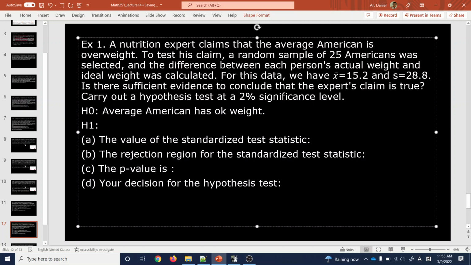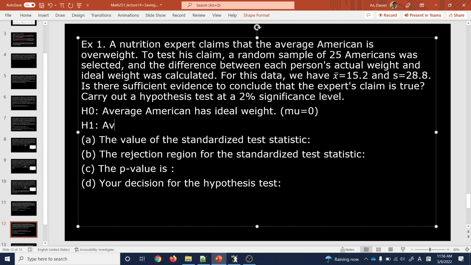That's like saying mu is equal to 0, because the data collected is the difference between the actual weight and the ideal weight. Because you subtracted the two, if it's 0, that means it is ideal weight. So the better way is to say ideal weight.